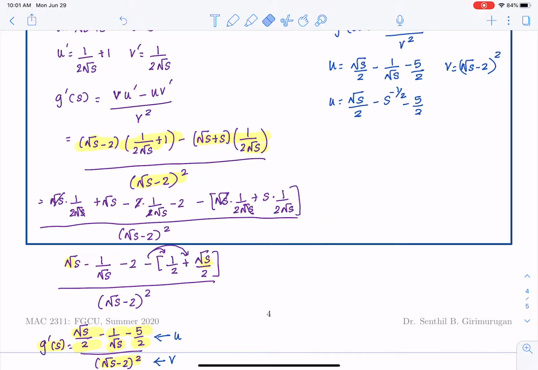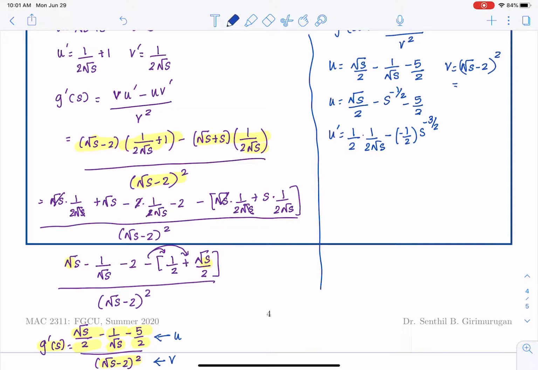Now we know the derivative of square root of s is 1 over 2 square root of s. The derivative of s raised negative 1 over 2 is negative 1 over 2 s raised negative 3 over 2, and the derivative of negative 5 over 2 is 0.